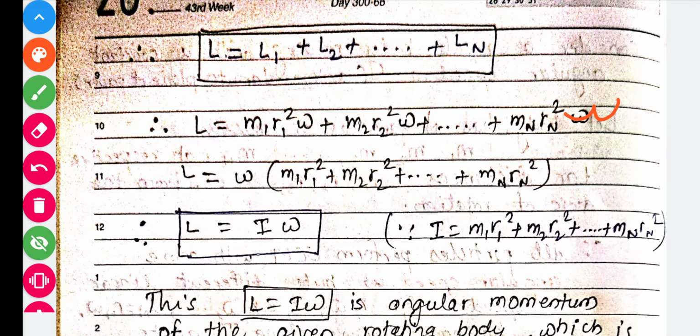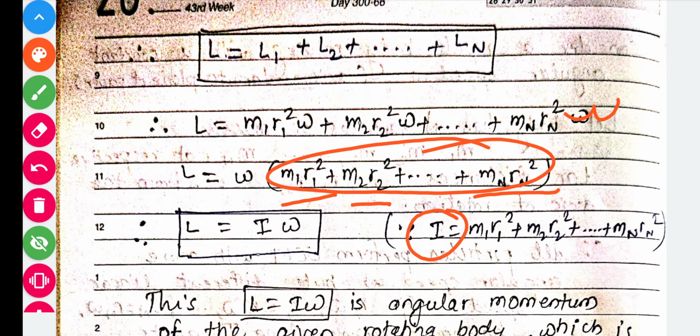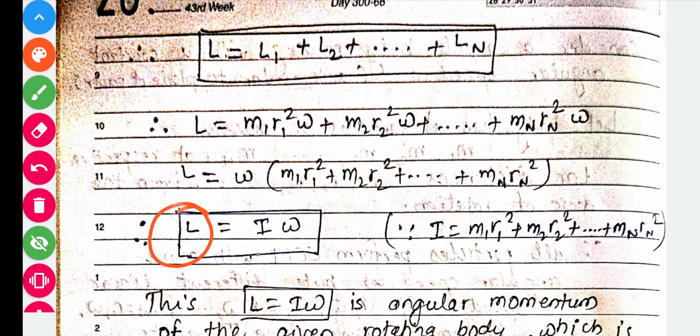Inside remains m1 r1 square plus m2 r2 square plus up to mn rn square. This value is equal to the moment of inertia, that is I. So in place of this value we write I and omega. This angular momentum becomes I into omega, that is moment of inertia into angular speed.